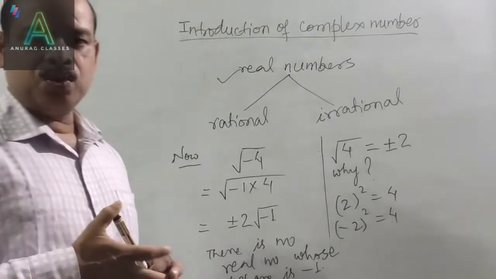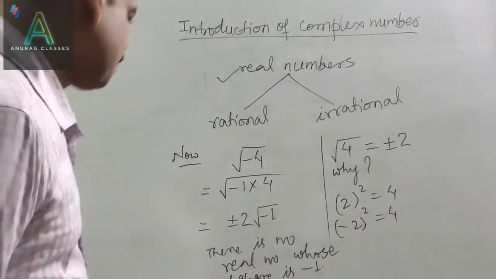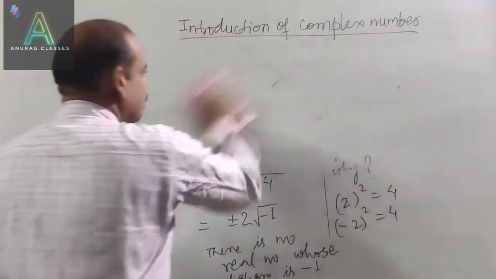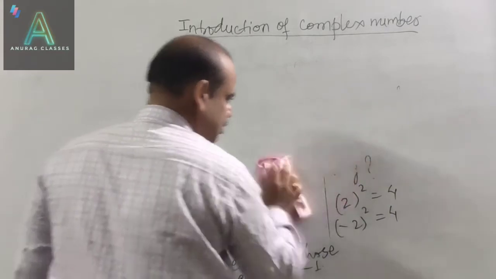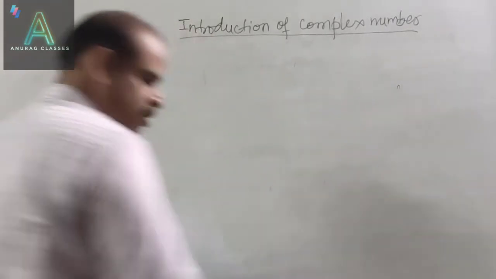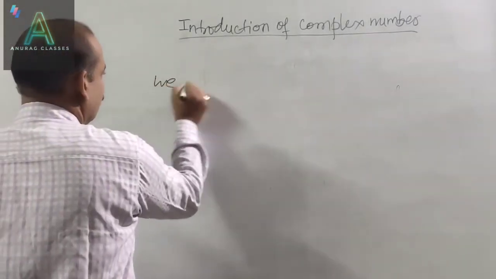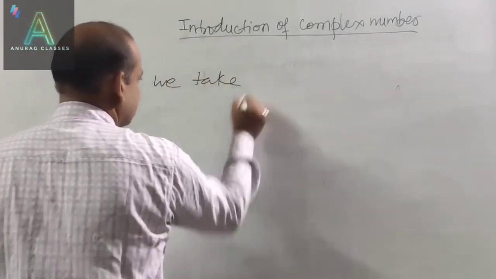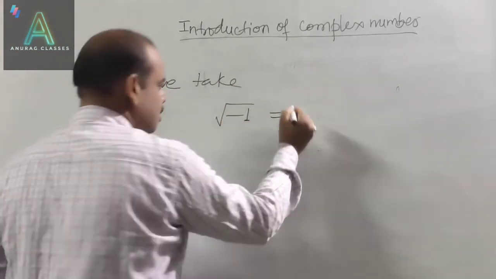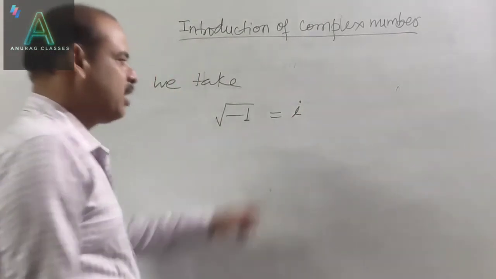So what will we do? For that, I will take an imaginary number to simplify this question. We take the square root of minus 1 as iota. This is the symbol known as iota.